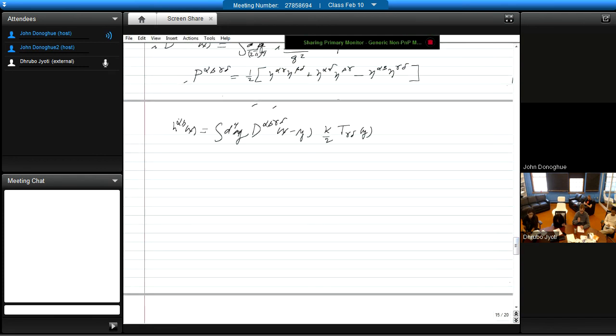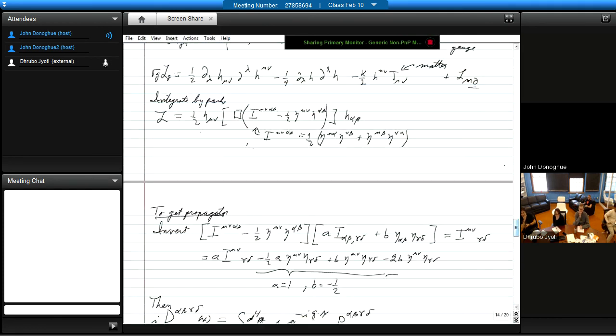This satisfies this box P, sorry, times this tensor P mu nu alpha beta h alpha beta equals kappa over 2 T mu nu, which was the wave equation that follows from this Lagrangian.